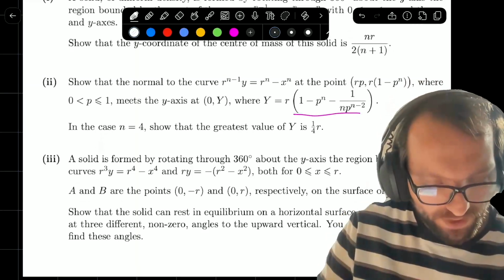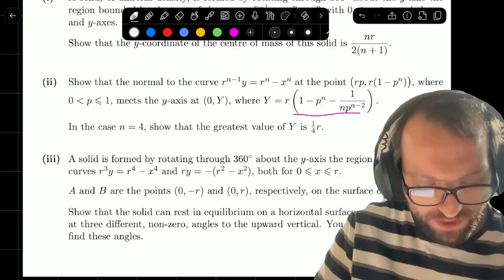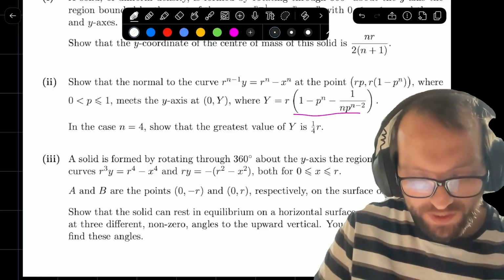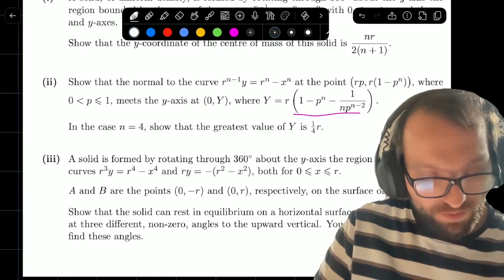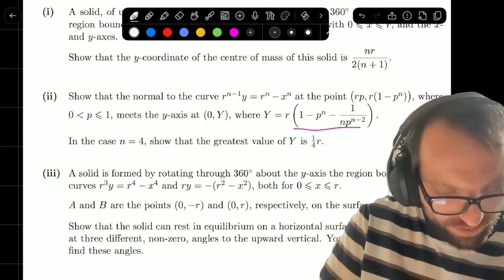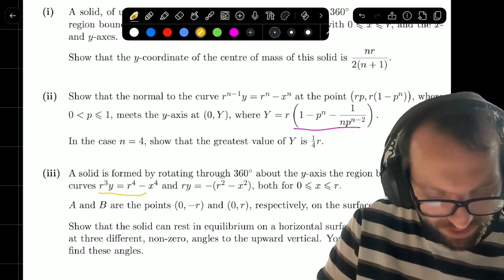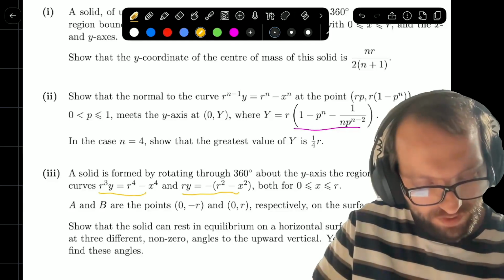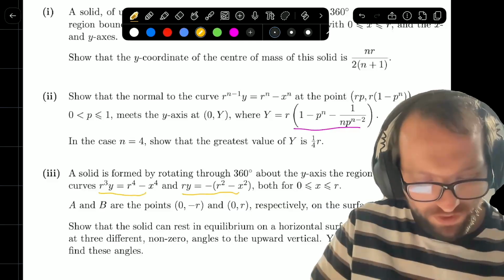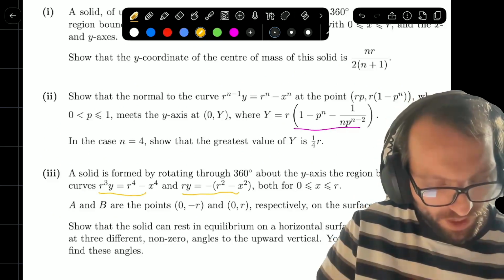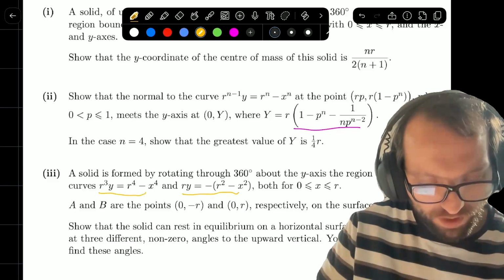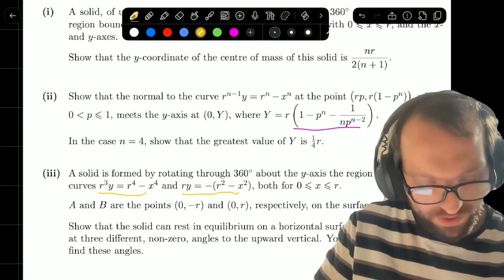Okay, so the next point says that we have a solid that is formed by rotating through 2 pi about the y-axis the region bounded by this curve here and this other curve here, both for x between 0 and r. We have 2 points A and B. The point A is 0, minus r and B is 0, r, which are on the surface of the solid.